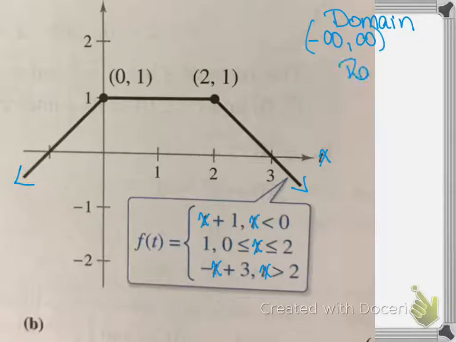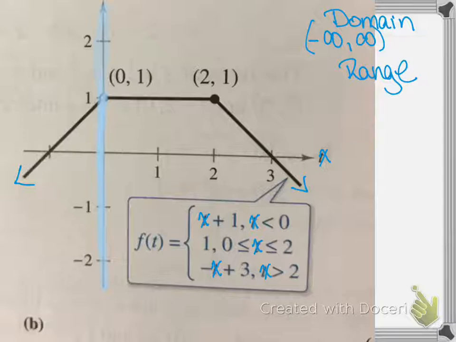Now, I want you to look at my range. My range is going to be the values on the y-axis. These are going to go on forever. So where do my y values start?